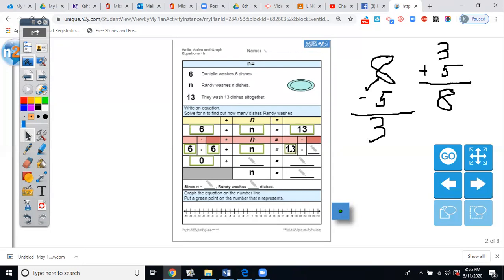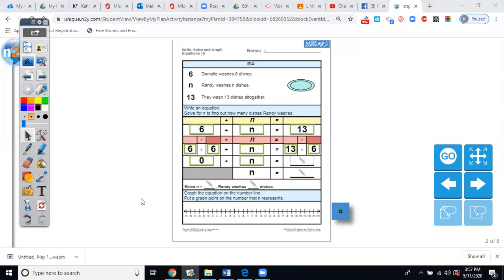They washed 13 dishes together. But we're going to subtract the number of dishes that Danielle washed. She washed 6 dishes. We already know how many dishes she washed. We don't need to know that. We need to know how many Randy washed. Okay, so 0. And we still don't know how many he washed.